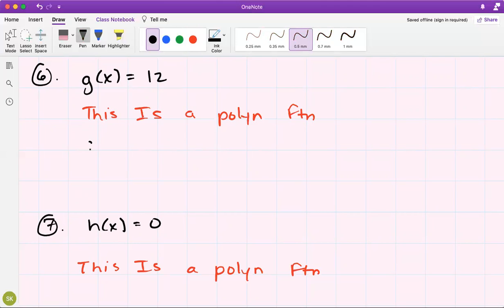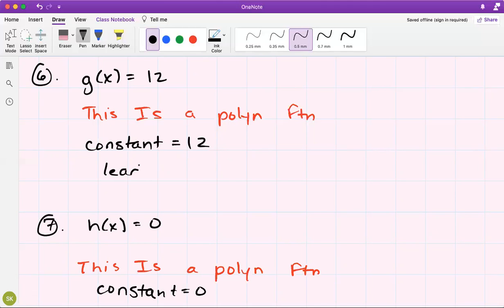For this one, we only have a constant term, which is 12, and so we have only a constant term for this one as well, which is 0. And that constant term is your leading term. And the leading coefficient is 12 as well.